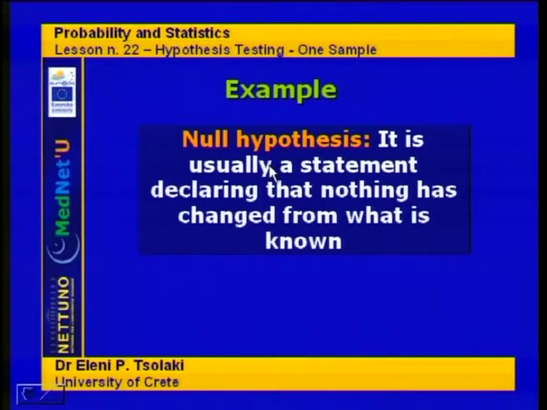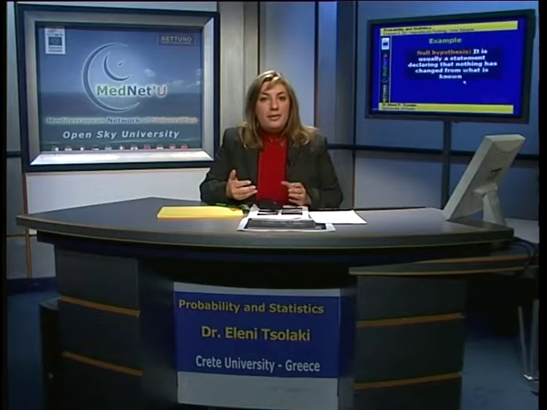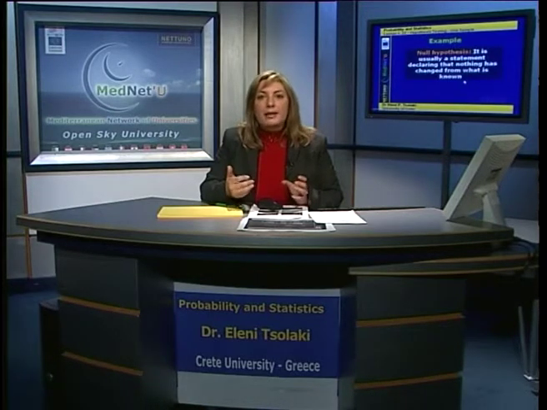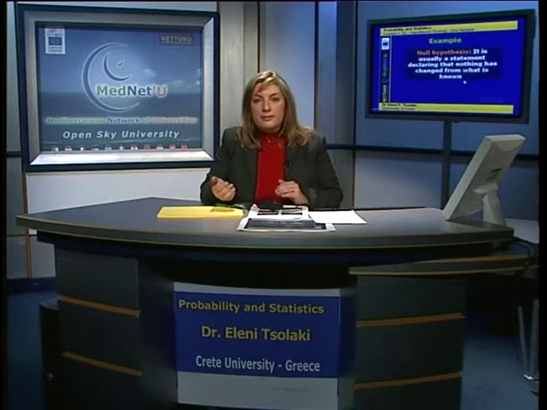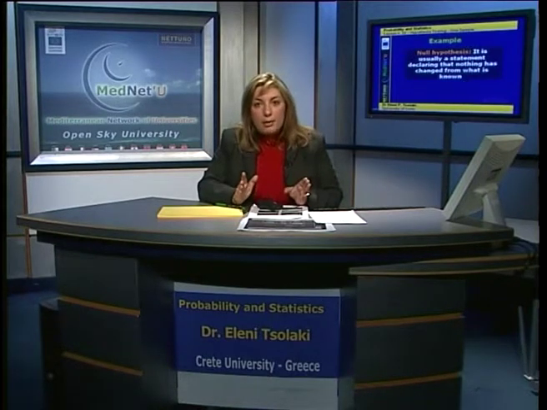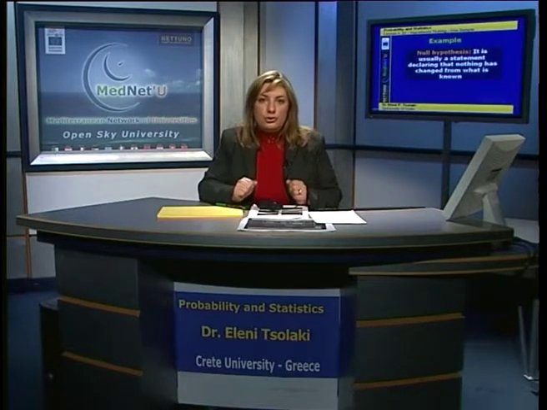Now, the null hypothesis is usually a statement declaring that nothing has changed from what is known. So, as we said before, the first step in hypothesis testing is to define the null and the alternative hypothesis. The null hypothesis will be that nothing has changed from what was known.